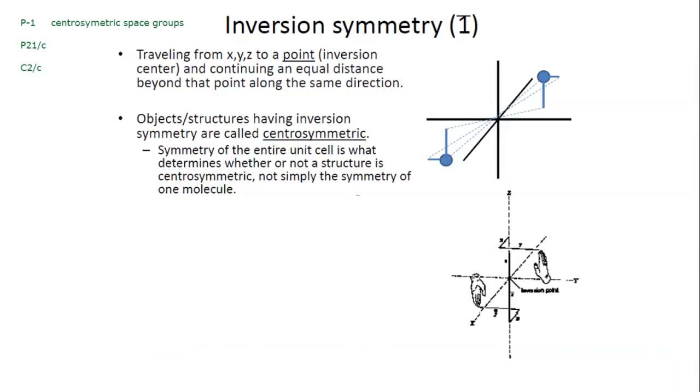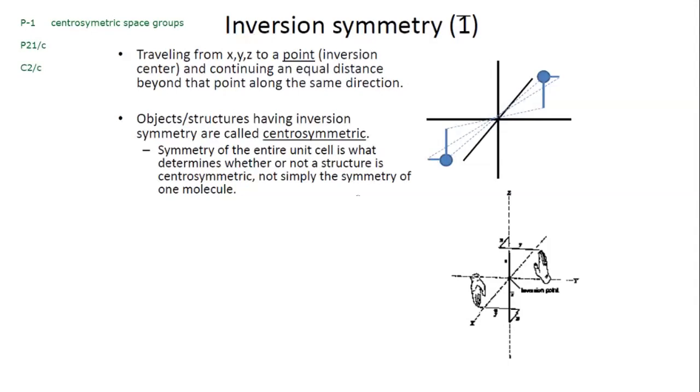To give you a little bit of background on this, let's say you have a chiral molecule and it crystallizes in a centrosymmetric space group. What that tells you is that it's not a pure enantiomer, it's a racemic mixture with both enantiomers present. Typically, with chiral compounds, if it's enantiomerically pure, it will not be centrosymmetric because it only has one of the enantiomers in the sample.